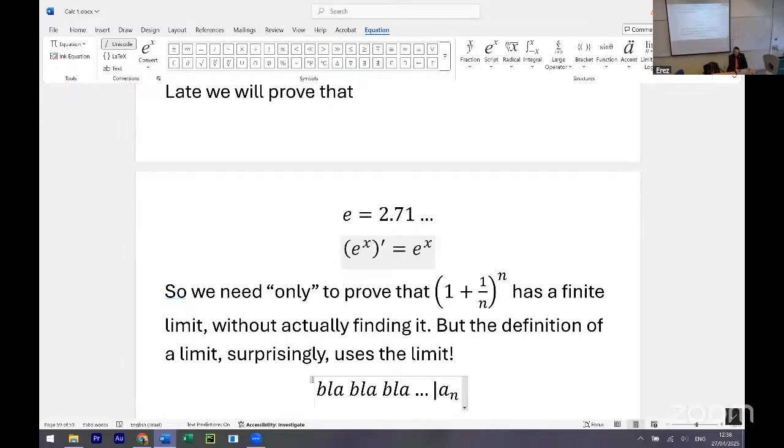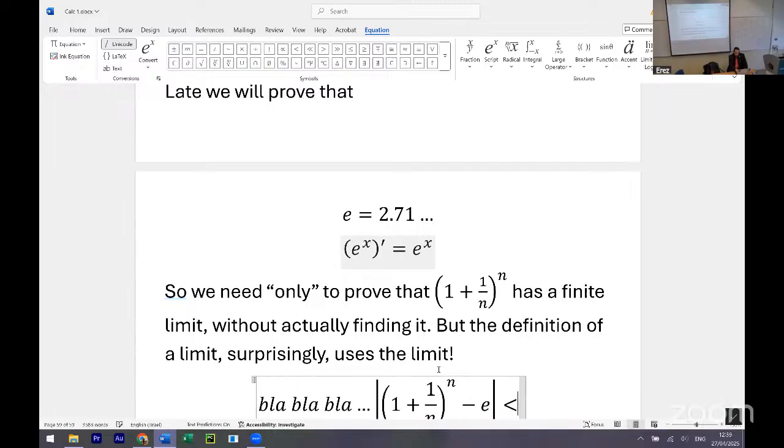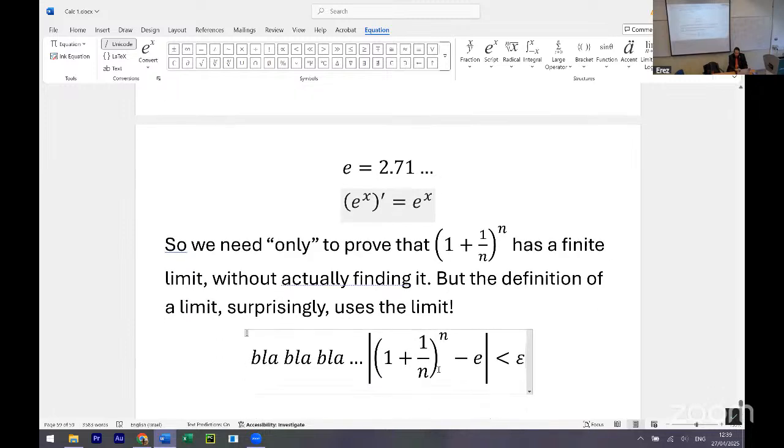Yeah, Thomas. a_n minus L, so write it: 1 plus 1 over n to the power of n minus e smaller than epsilon, right? But how can I do it when I don't even know the number e yet, because I didn't prove it?